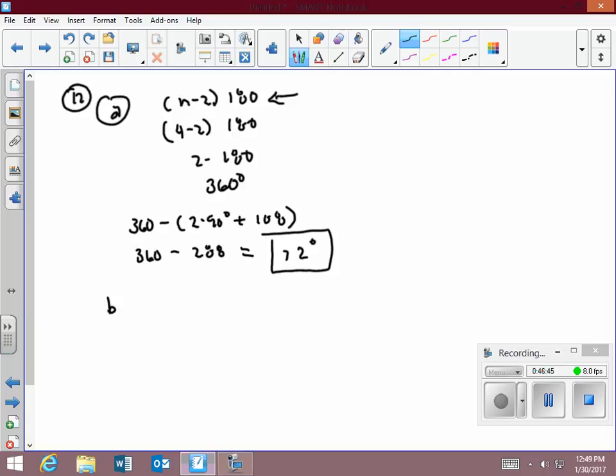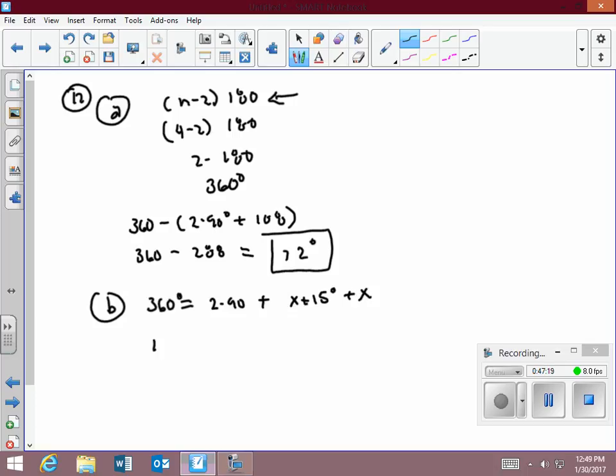So B would be 360 equals. In this one, you just set up an equation. You got 2 times 90 plus 90 plus x plus 15 plus x, right?